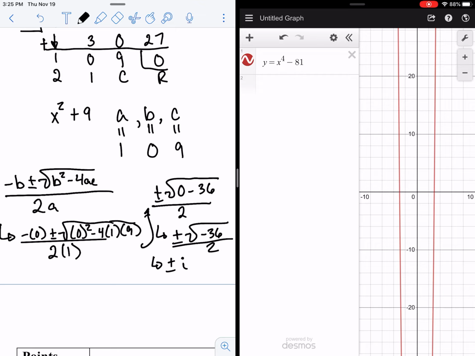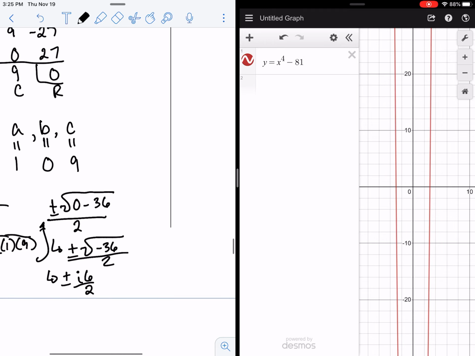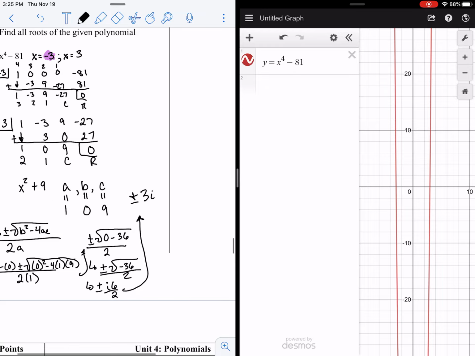You bring it out, and then that will leave you just with the square root of 36, which is 6 over 2. And then 6 divided by 2 is 3, and then the i. And remember, with complex roots from the fundamental theorem of algebra, you must also have the positive and negative version.